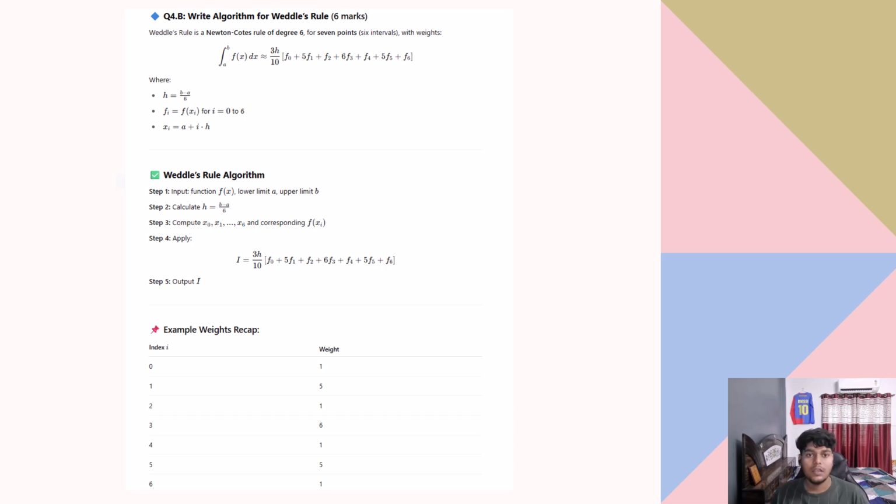Weddle's rule is a Newton-Cotes rule of degree 6 for 7 points, 6 intervals, with weights. Step one: it takes input f(x), lower limit and upper limit, and then calculates h equals (b minus a) upon 6, and then computes x0, x1, continuing to x6 and the corresponding f(x), and then applies the values to this formula, and it gives the output.